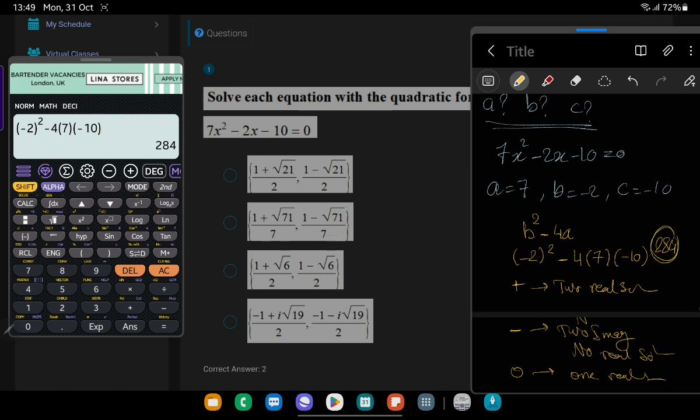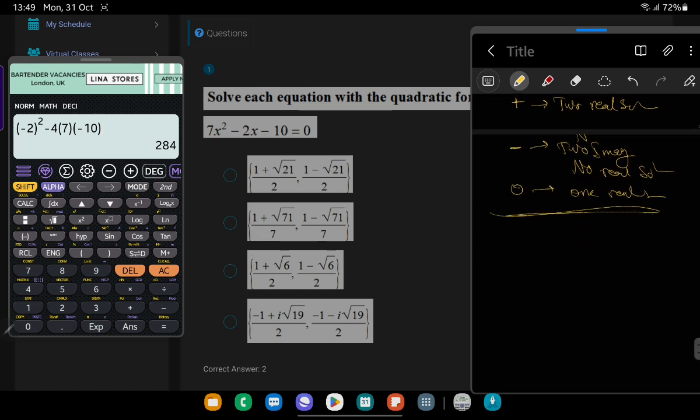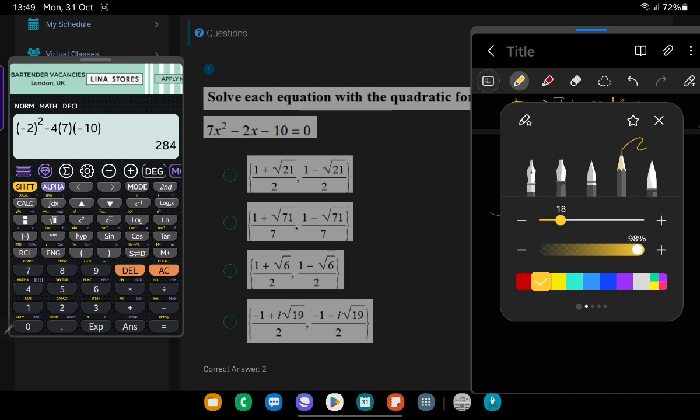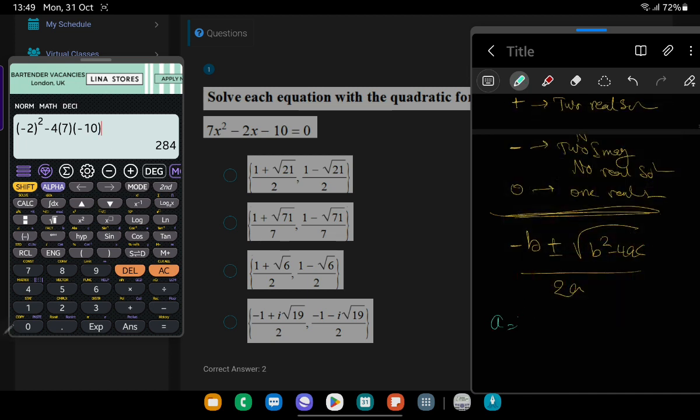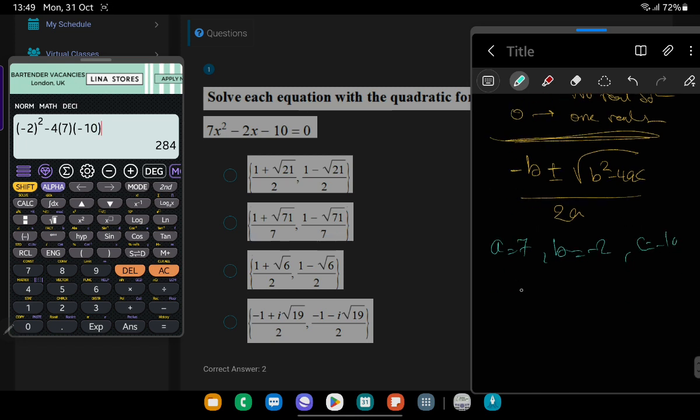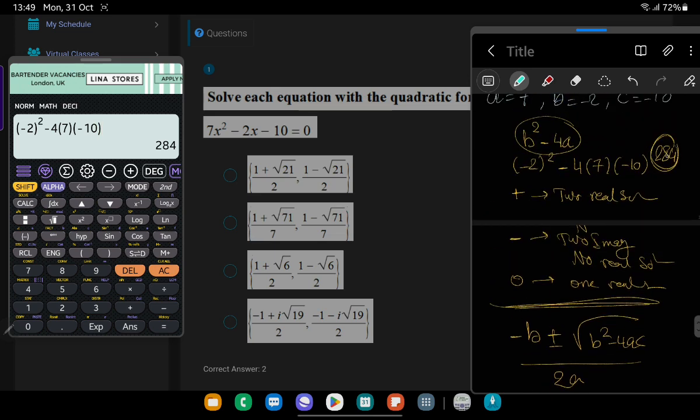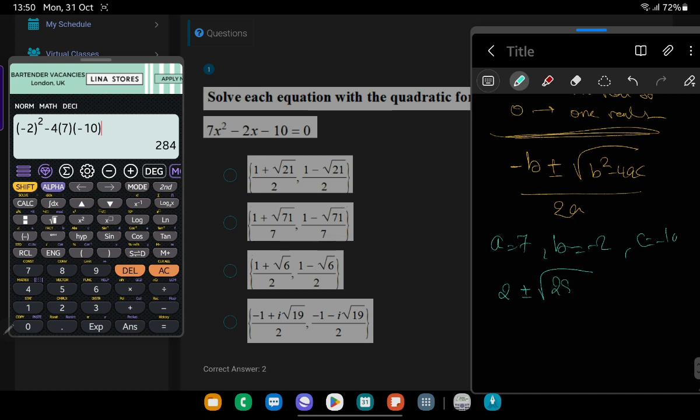Okay, 284 is the result of the formula b squared minus 4ac. The second part of the solution is negative b plus or minus the square root of b squared minus 4ac, over 2a. You know what a, b, and c are. a is 7, b is negative 2, c is negative 10. So substitute, it will be positive 2 instead of negative 2, plus or minus root of b squared minus 4ac, which you already did, and this is the answer, 284, over 2a, which is 2 times 7.